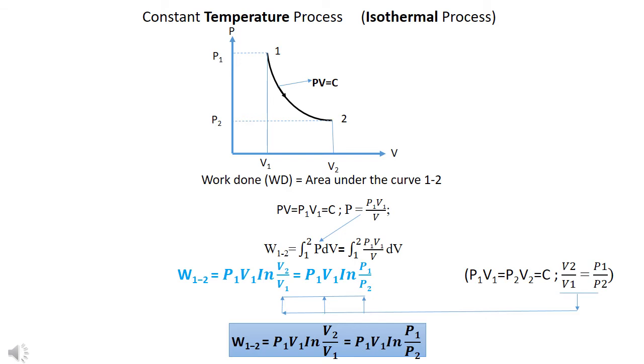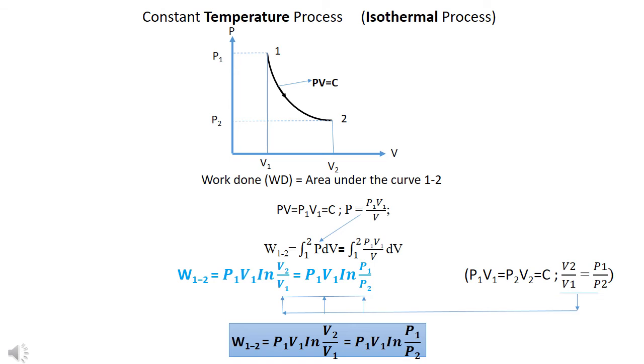So work done is equal to the integration from initial position to final position, 1 to 2, of P1 V1 by V into dV. After integration we get work done equal to P1 V1 ln of V2 by V1, or P1 V1 ln of P1 by P2, because P1 V1 equals P2 V2 equals constant. Hence V2 by V1 can be replaced by P1 by P2.